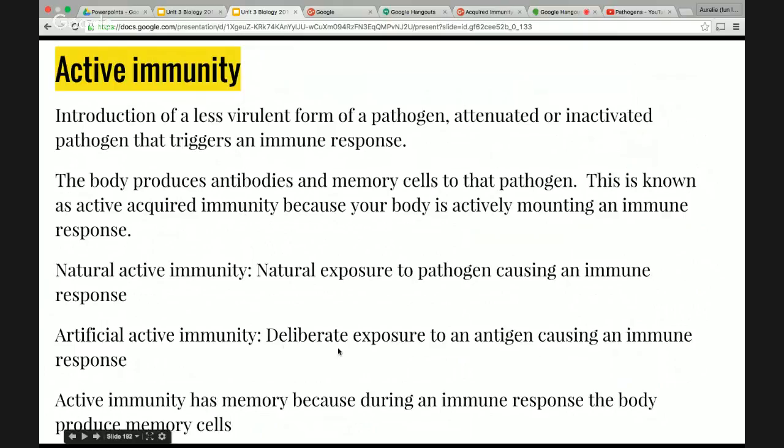This is vaccination. The other is when you naturally get sick. Active immunity has memory because during the exposure, your body has mounted an immune response and produced memory cells. Okay, it's different to passive immunity.